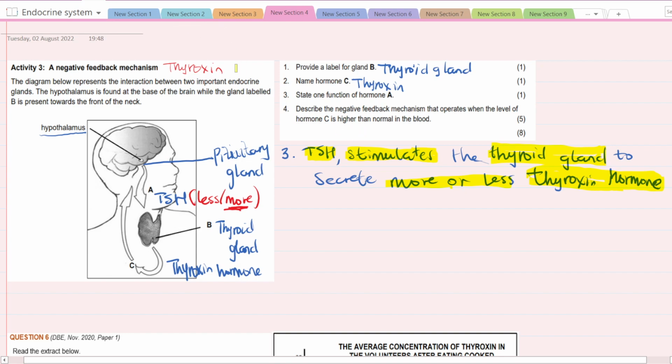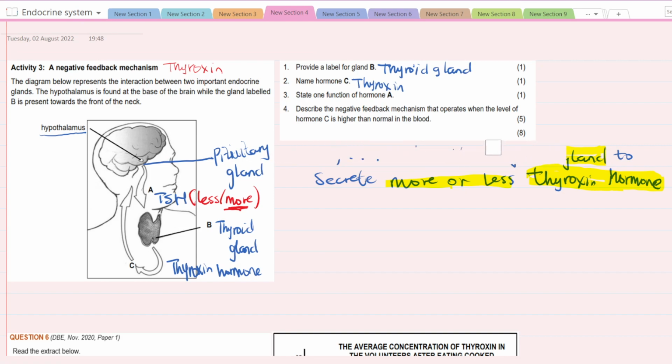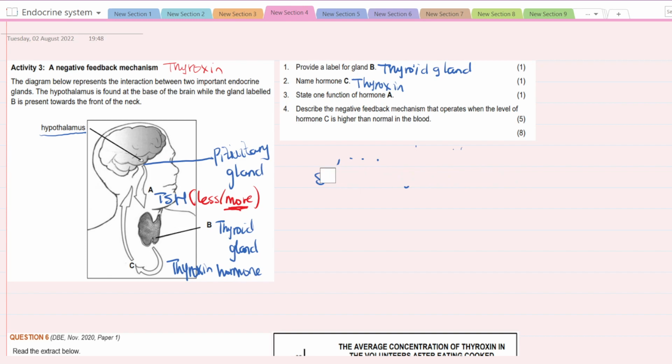So that's the first thing you must realize when you are dealing with this. You must ask what type of negative feedback am I dealing with here? They're telling you that this is higher in the blood, so your body must rectify that by decreasing the amount.